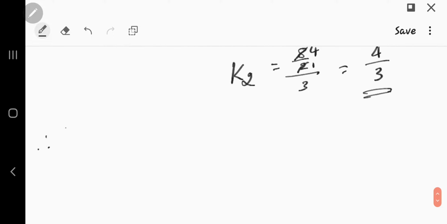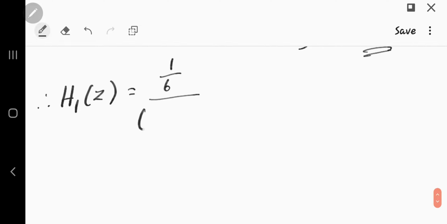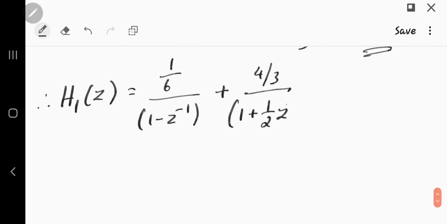So therefore H1 of Z is equal to, first value is 1 by 6 by 1 minus Z inverse plus 4 by 3 divided by 1 plus 1 by 2 Z inverse.